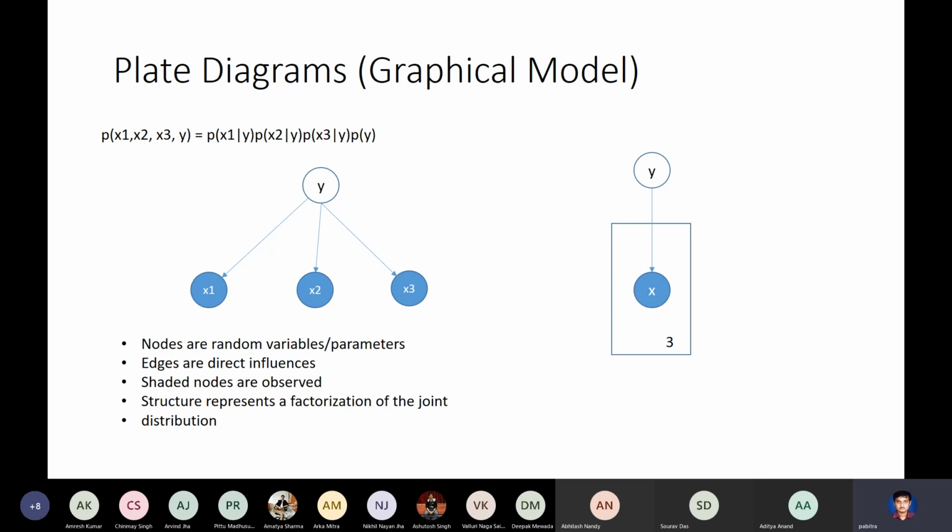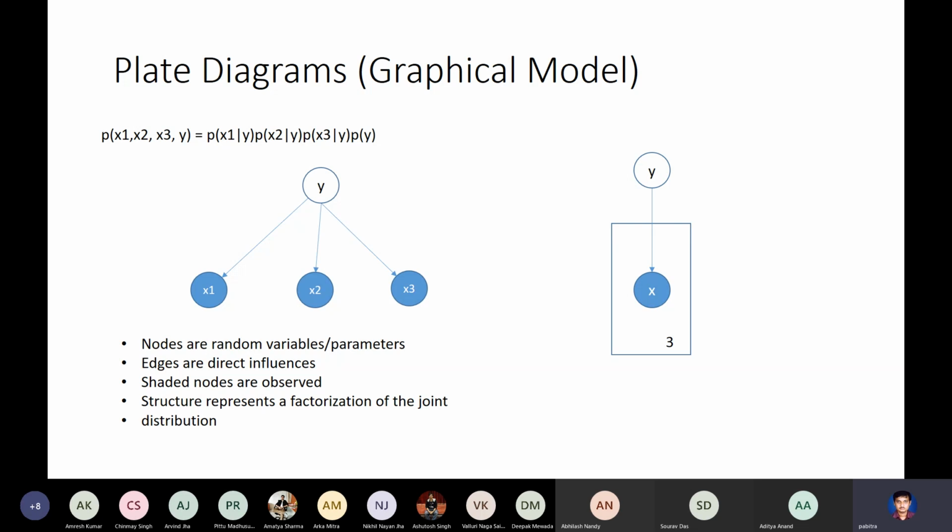And an arrow between 2 nodes denotes direct influence. So if you draw such a directed graph, it basically represents a factorization of the joint distribution of all the variables. In this case, I have 4 variables, x1, x2, x3, and y.